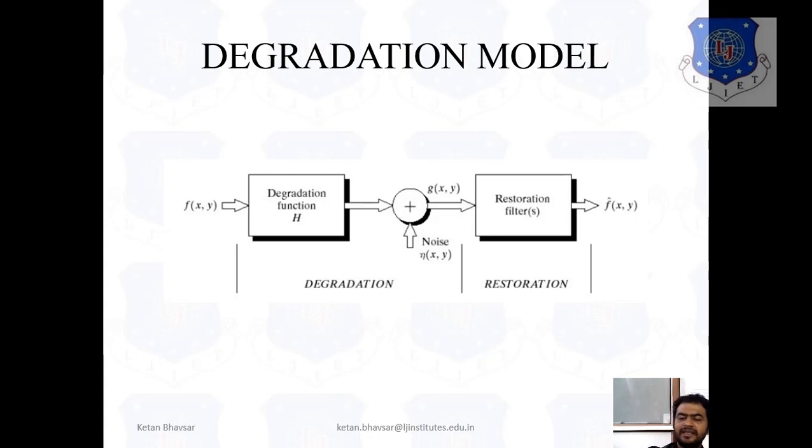These are the basic models of how your image quality degrades, and how we use different types of filters to extract your original image so that it looks like the original one. Definitely we are not getting a 100% accurate result. The reason is very clear: there is no ideal filter available in the practical world, so you have to work on this type of concept and try to extract the content.